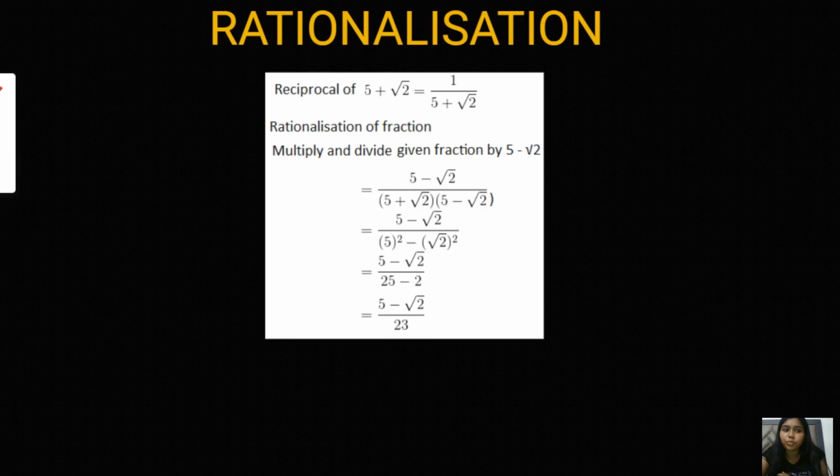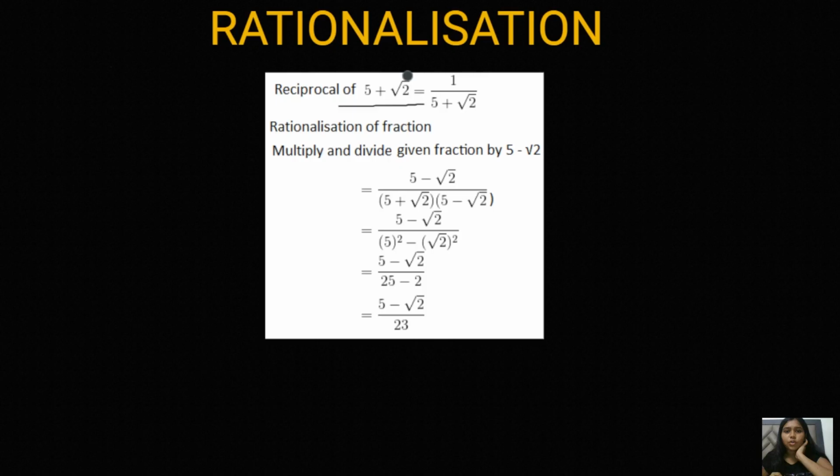The example is the rationalization of 5 plus root 2. Why is rationalization done? Rationalization is generally done to avoid the root in the denominator.